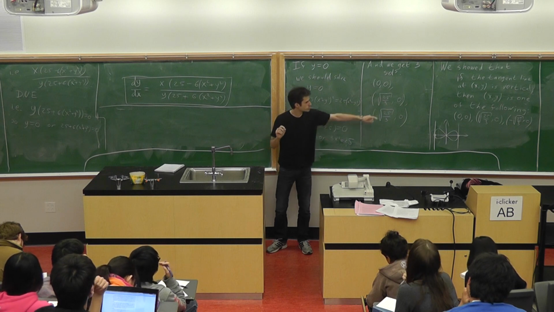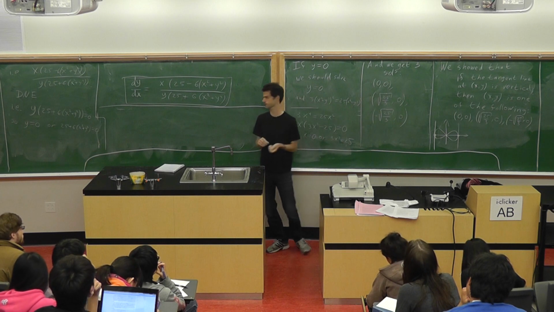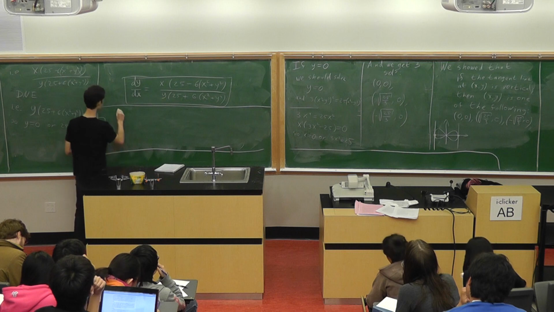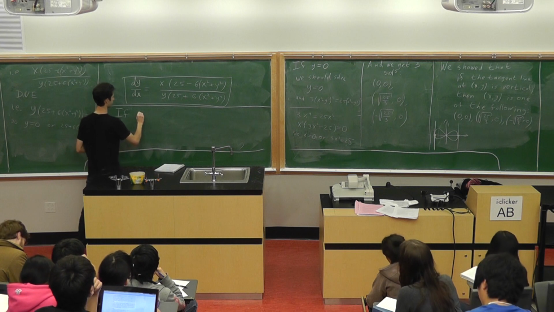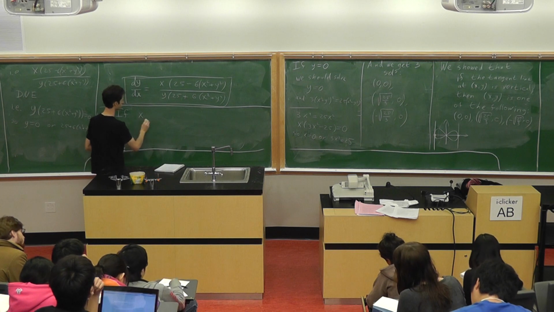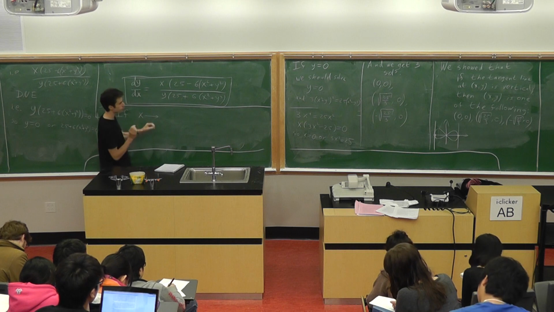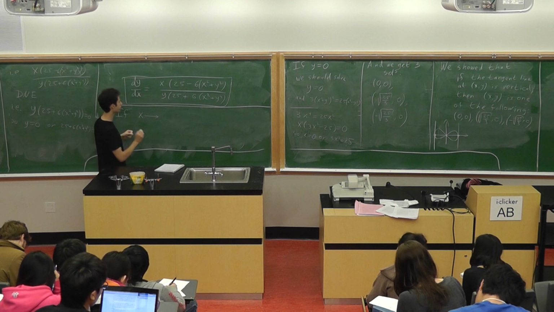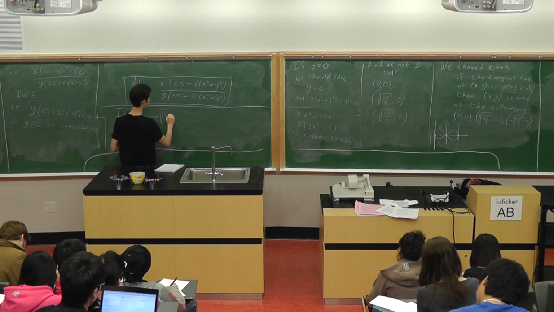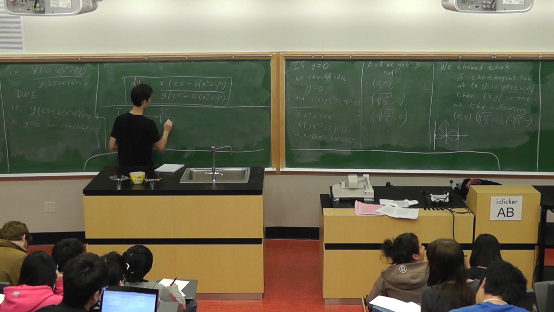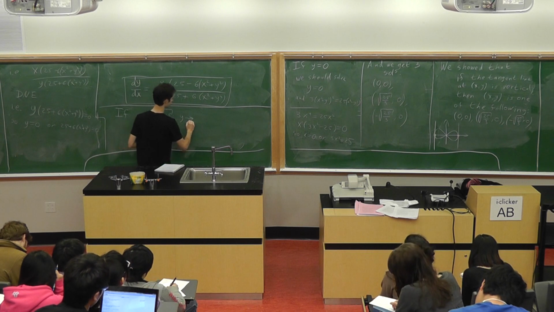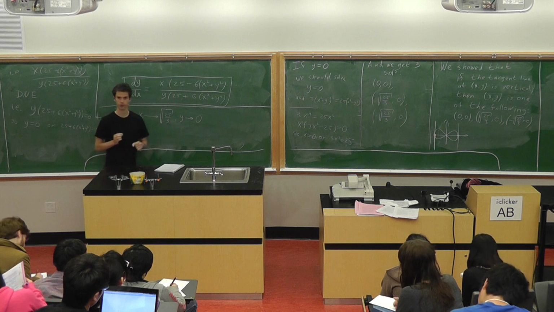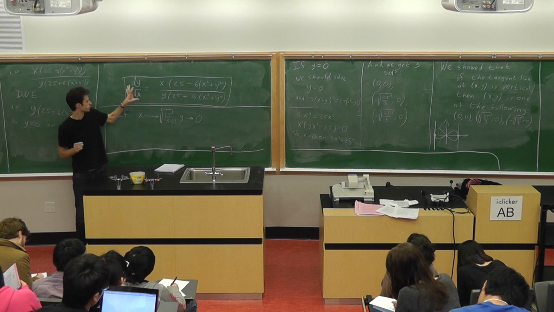But let's look also at what happens at nearby points. So if x, let's say, is not exactly square root of 25 over 3, but just close to it, and y just gets close to 0, what happens to this expression?